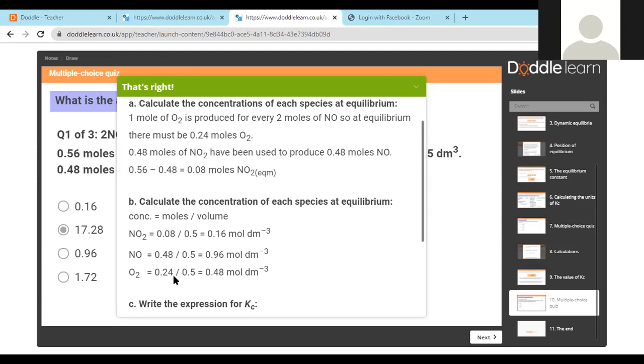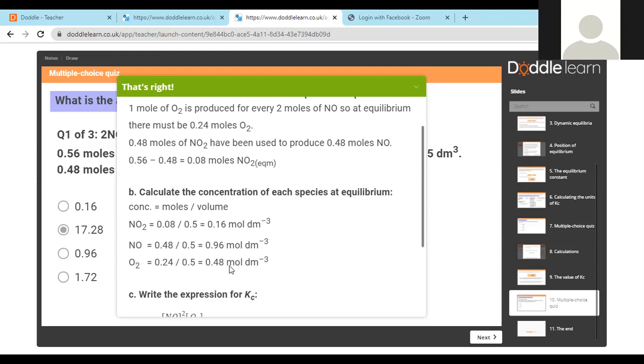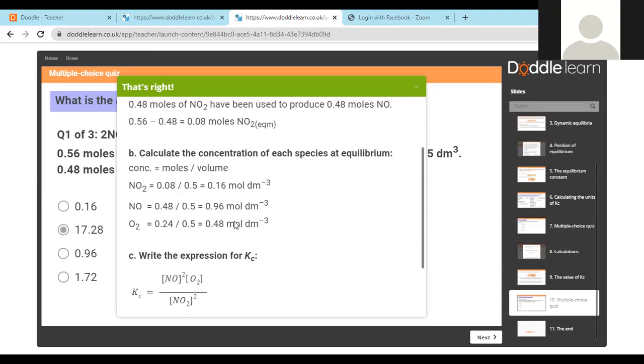NO, we have 0.48 divided by 0.5, and that'll be 0.96 is our concentration, and then 0.24 divided by 0.5, and that should give us 0.48, which is what I was showing you we've got.